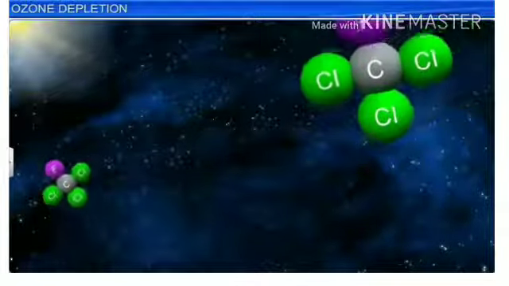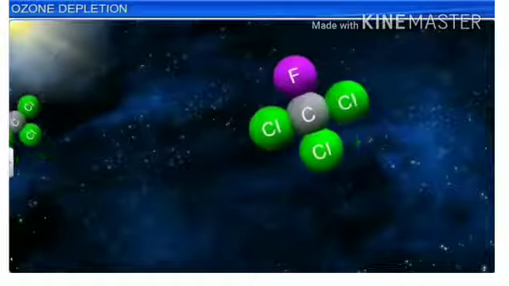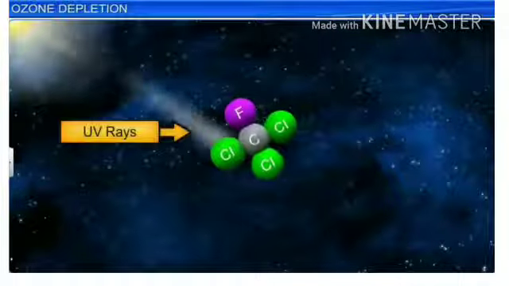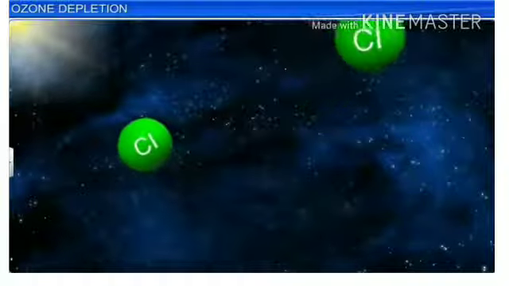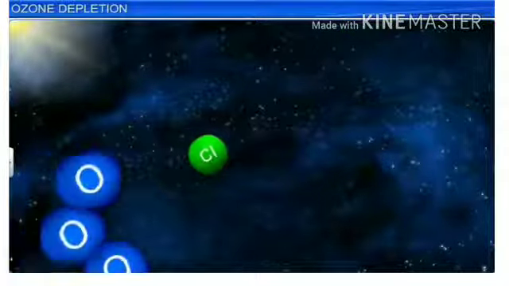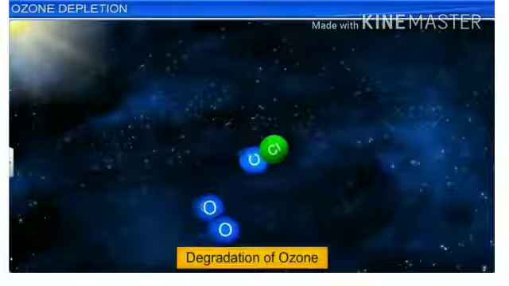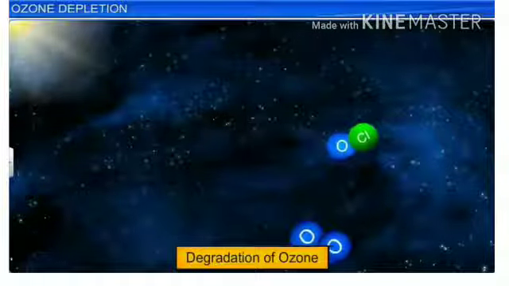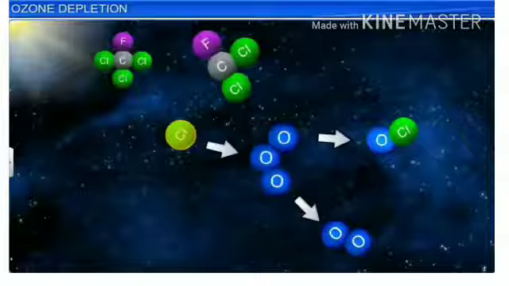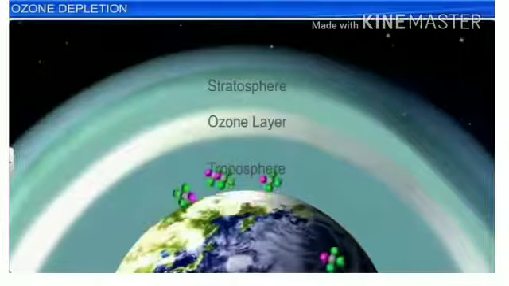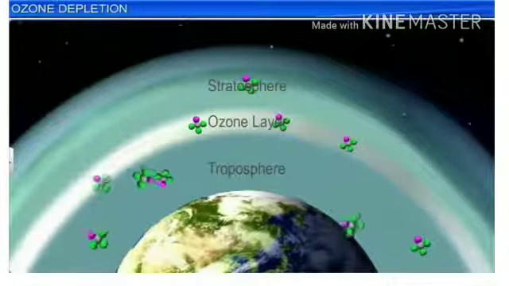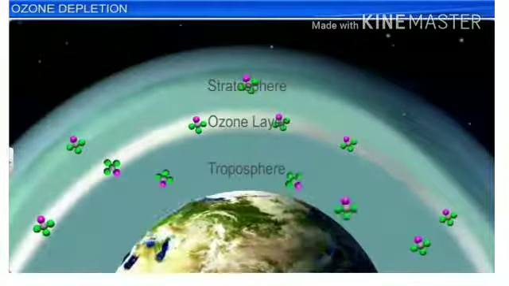In the stratosphere, CFCs react with ultraviolet rays, releasing chlorine atoms, which in turn degrades ozone-releasing molecular oxygen. These chlorine atoms function as catalysts only. Moreover, the continuous addition of CFCs results in further degradation of the ozone layer.